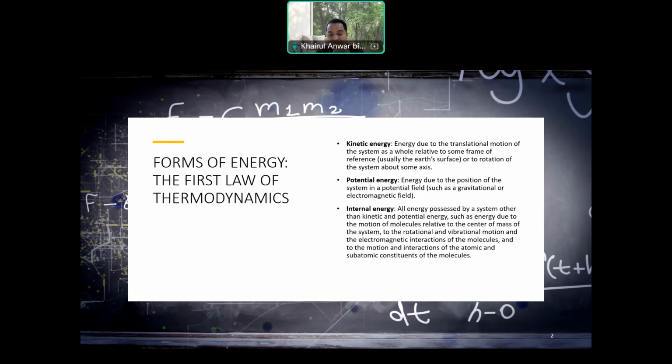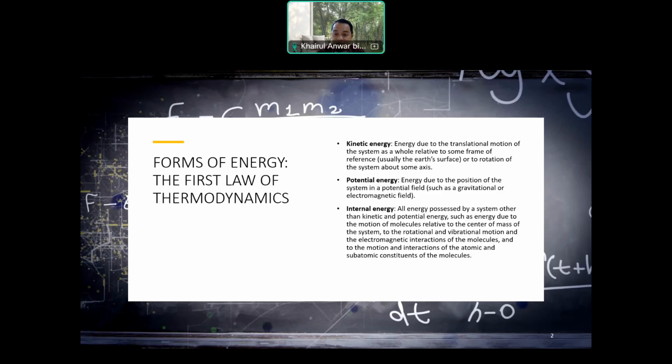In this book they use EK as the symbol for kinetic energy, potential energy is EP, internal energy is U. Potential energy is energy due to the position of a system in a potential field, such as a gravitational or electromagnetic field.